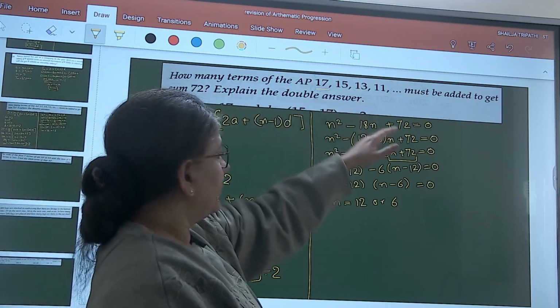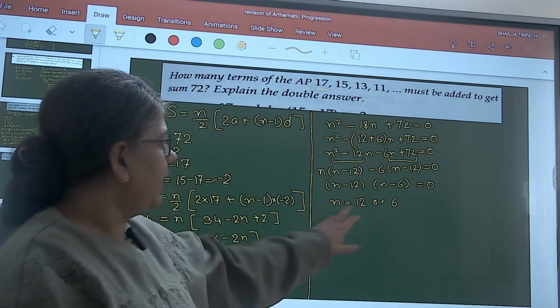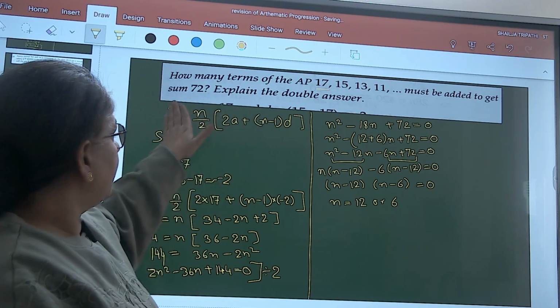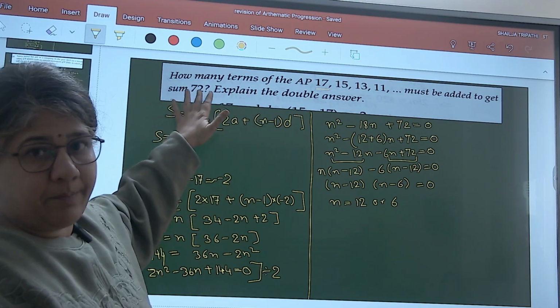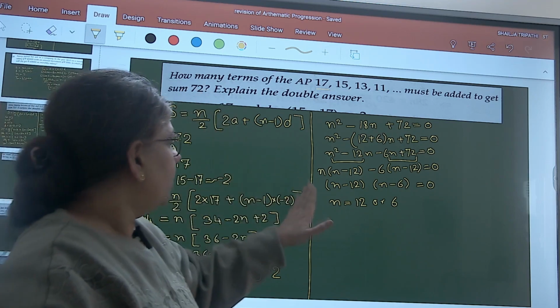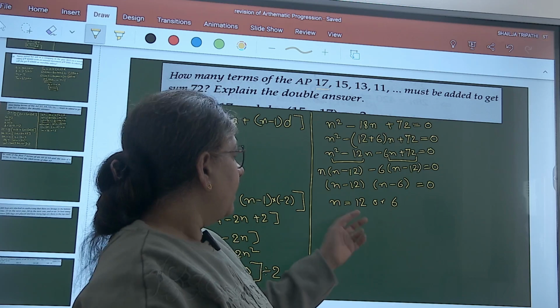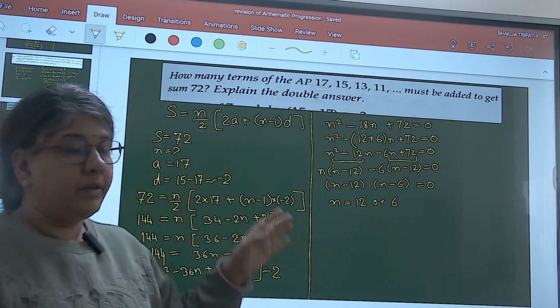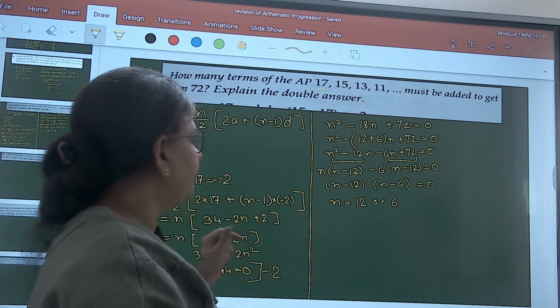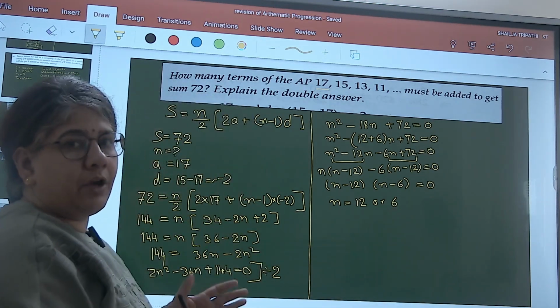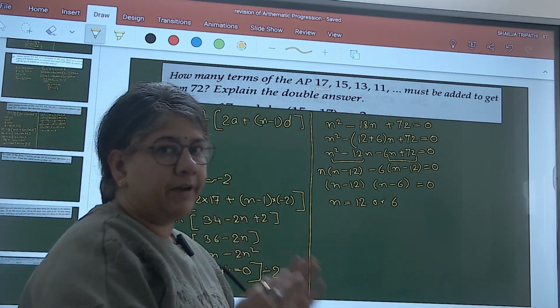Explain the double answer. Means why we are getting these two values. How many terms must be added so that the sum is 72? So either 12 terms must be added or 6 terms must be added. So how is that possible? This we have to explain. If we add the first 6 terms, we get 72.